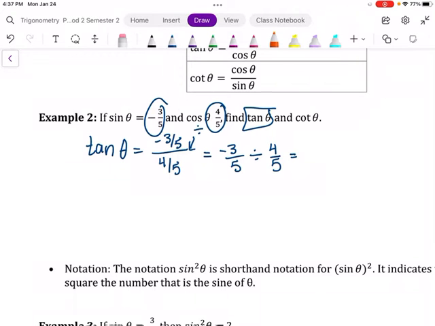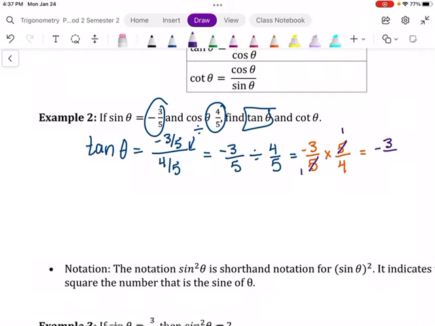And when you're dividing with a fraction, you can change it to negative 3/5 times the reciprocal of the second one, which would be 5 over 4. At this point, you can either simplify or multiply and simplify your final answer. I like to simplify before, so because there's a 5 on the top and the bottom, I'm going to get rid of those.